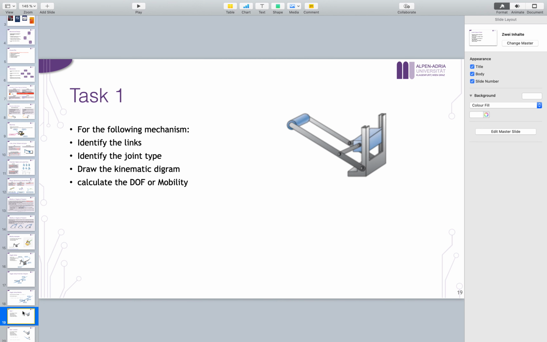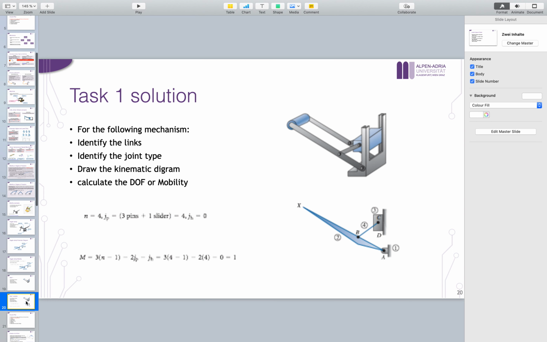This is another closed mechanism, and we assume it's closed because it's only sliding there. If we look at the kinematic diagram, you can see that we have a complex link, which is this one, and the rest are just lines. This can only slide here, which results in 1 degree of freedom at the end.